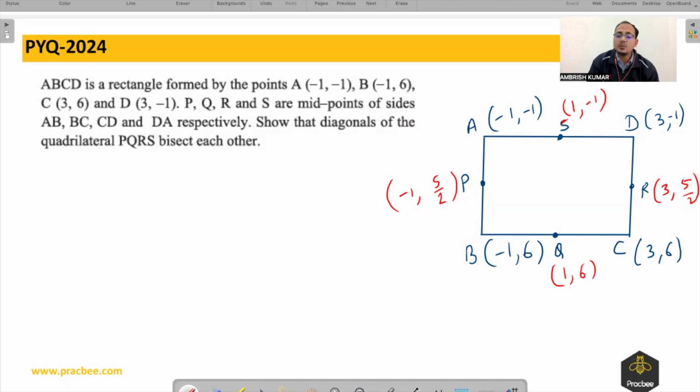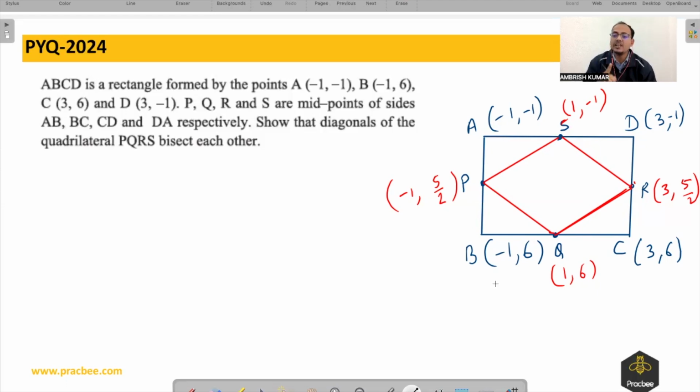Now, we have to prove that in this quadrilateral PQRS, the diagonals bisect each other. This is what we have to prove here. Can you recall the properties of quadrilaterals? In a parallelogram, diagonals bisect each other.